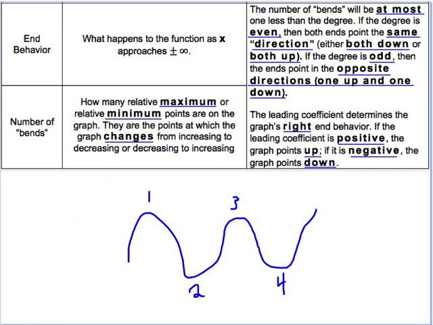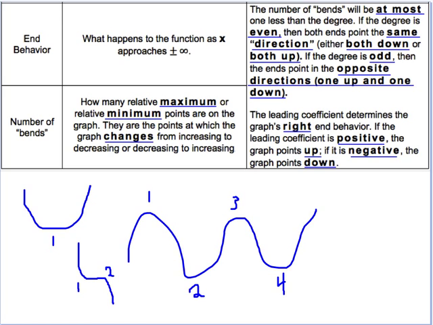So the number of bends here would be 4. If you just had a quadratic formula, then the number of bends would be 1. If you had a cubic formula like that, you could have 2. I know that looks like I have 3, but that's just because I drew it kind of crazy. Let's see if I can do it like this. All right, there we go. So in this case, we'd have one bend here and another bend here.